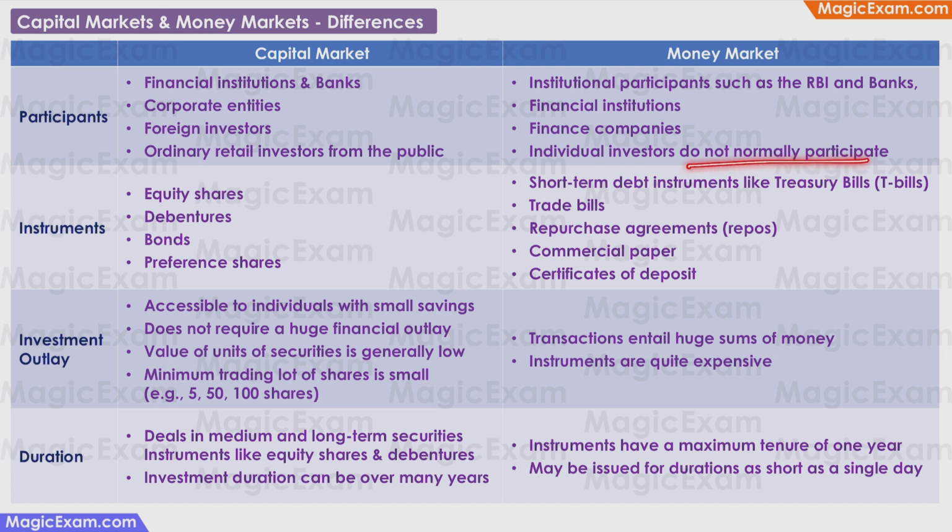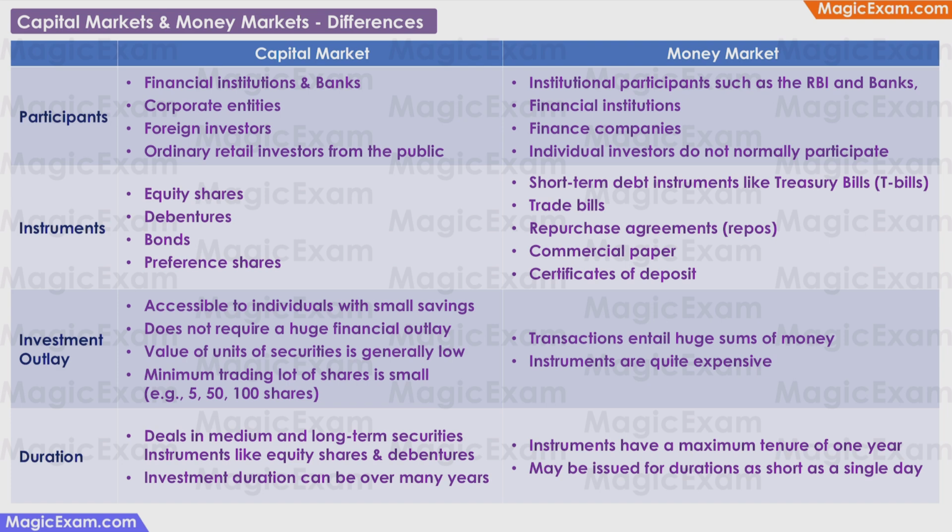Individual investors typically do not participate in the money markets because the amounts involved here are usually quite large. Equity shares, debentures, bonds, and preference shares are the instruments which are traded in the capital markets. And short-term debt instruments like treasury bills, trade bills, repurchase agreements or repos, commercial paper, and certificates of deposit are traded in the money market.